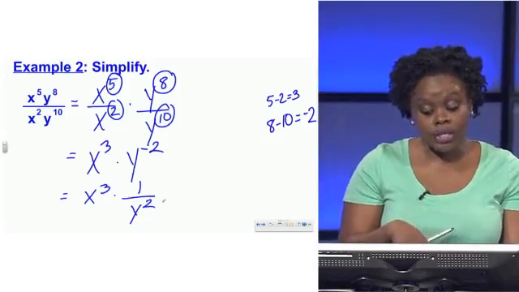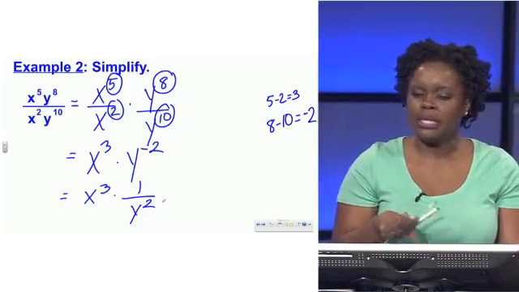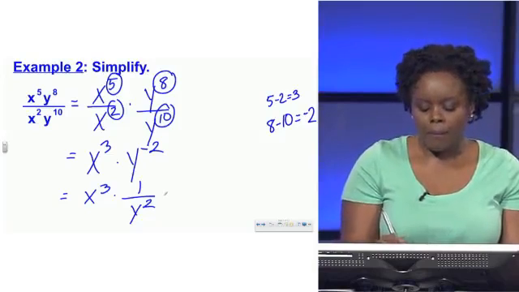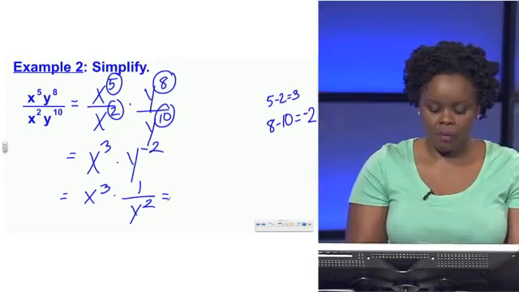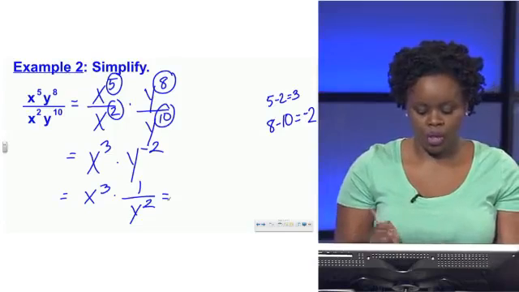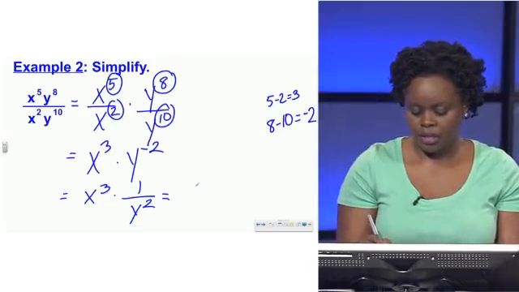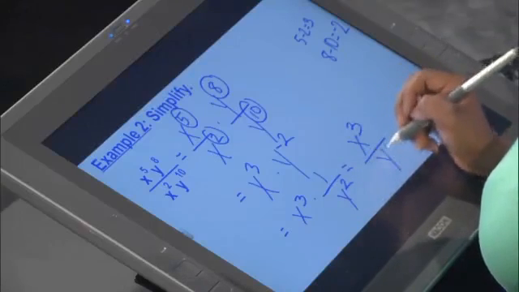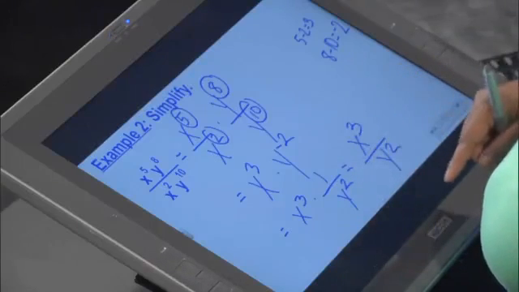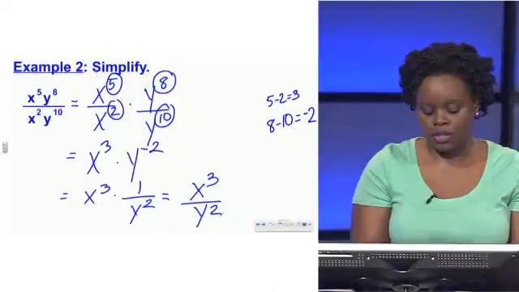Now, you could stop here, and you wouldn't be wrong necessarily, but more than likely, you're going to see your answer written like this. You're going to go ahead and multiply those two terms together. And you're going to see it written as x cubed over y squared. That's more than likely how you're going to see that answer written, which basically is that they multiplied our numerators together.